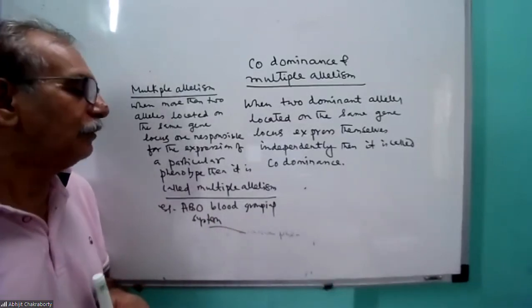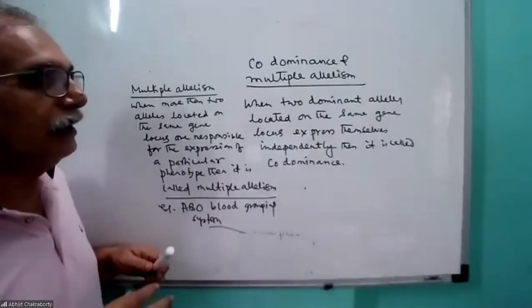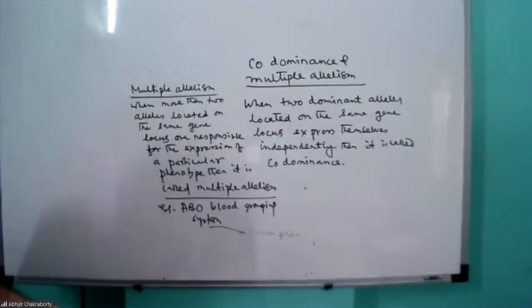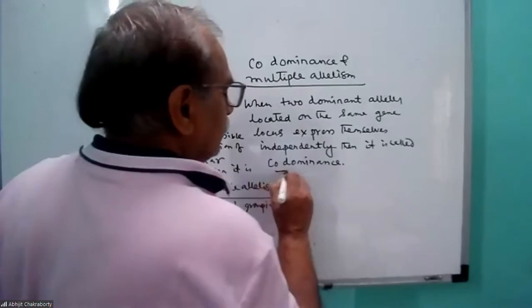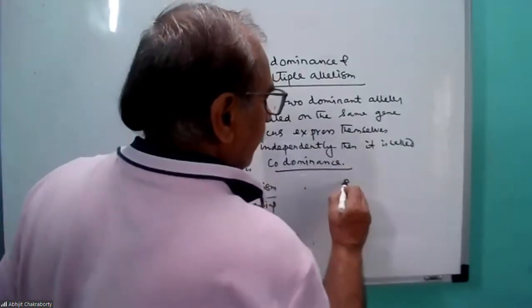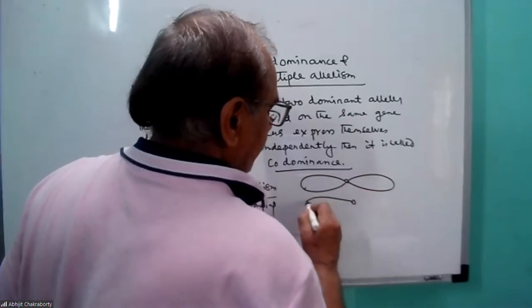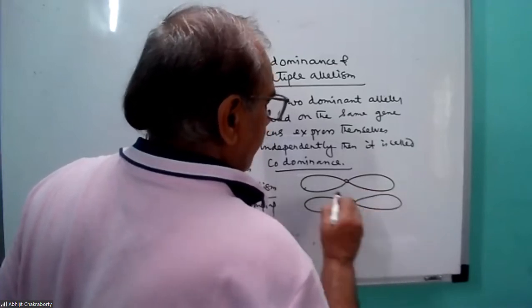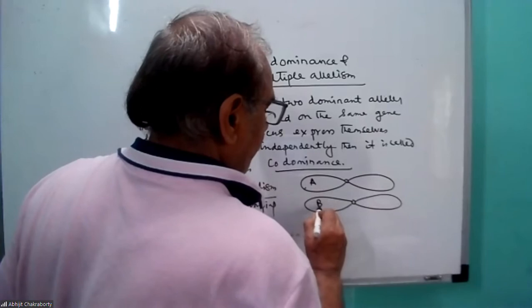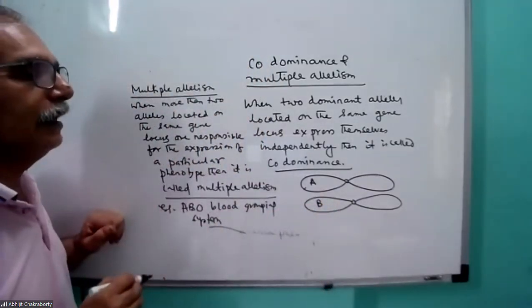In case of ABO blood grouping system, you will get this. Suppose I am showing you. In case of the example is, look, but you can write it.